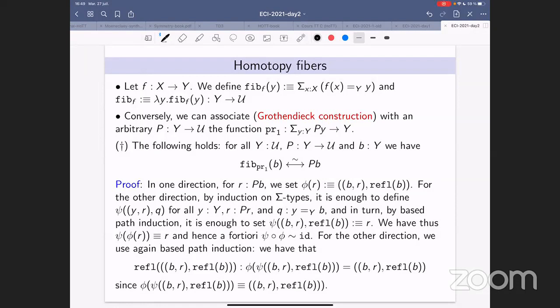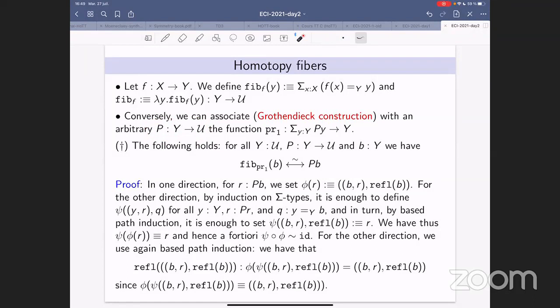I'll probably start here. Consider a type family, namely a function from Y to U. Naturally associated with this type family, I can build something that is called in topology the total space.